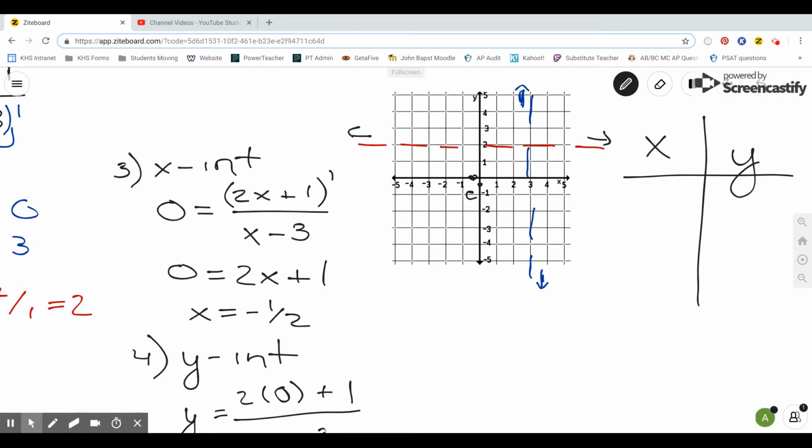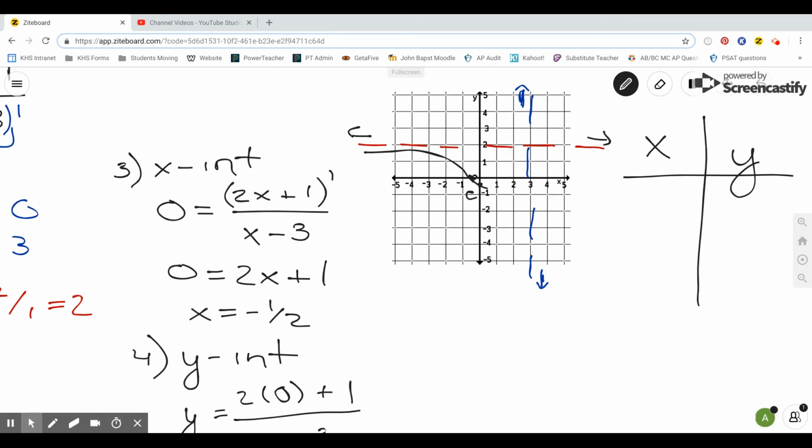I think it's easier to start on the edges rather than starting in the middle. So I am going to come from this direction, cross through my x-intercept, cross through my y-intercept, and then ask myself, do I need to bring the function up or do I need to send it down for that vertical asymptote?